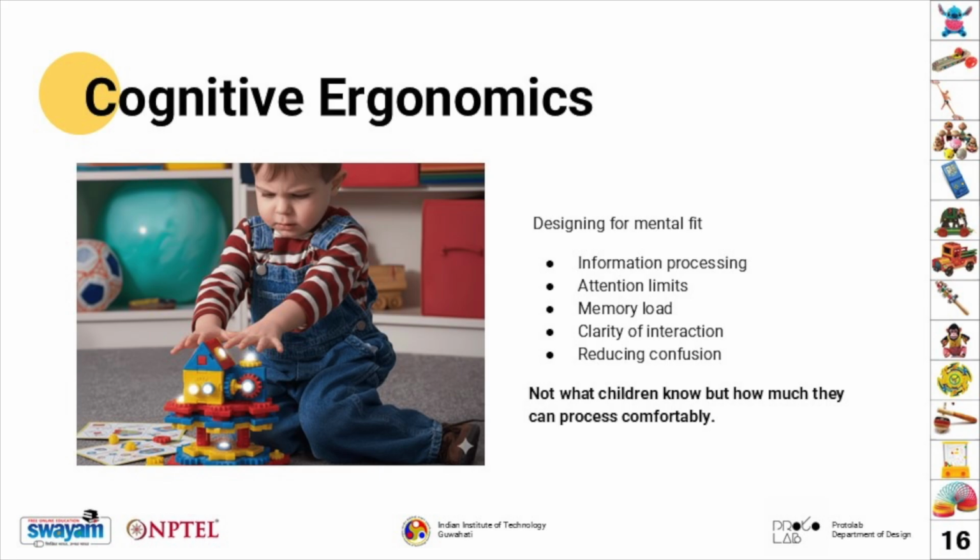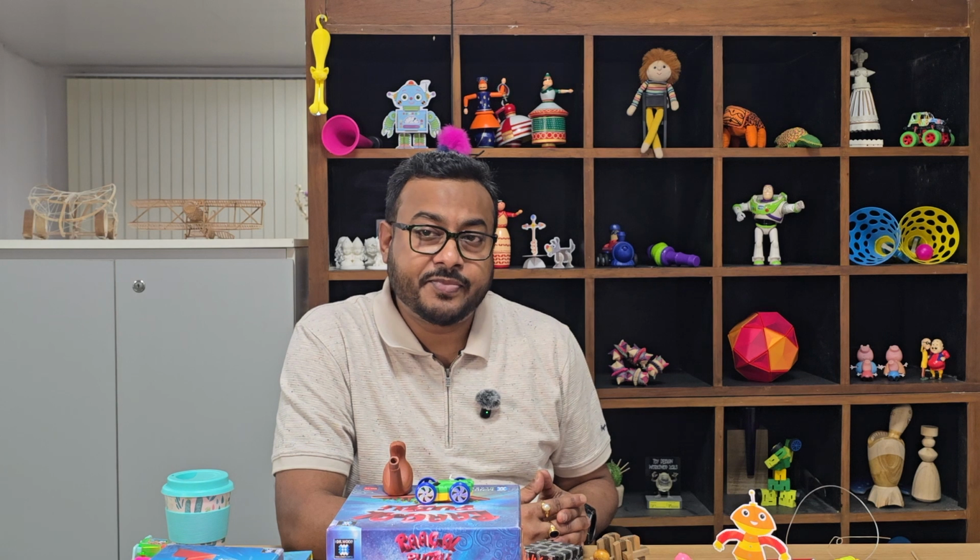Preschool children have limited working memory capacity. They cannot hold multiple rules simultaneously. If a toy presents too many instructions at once, the child experiences cognitive overload. Overload does not look like failure. It looks like disengagement.